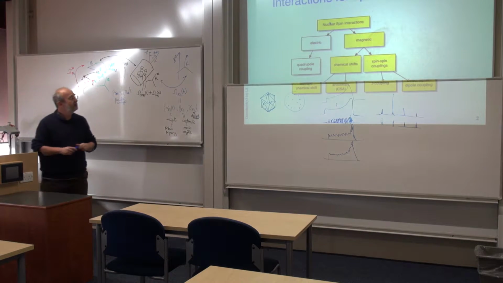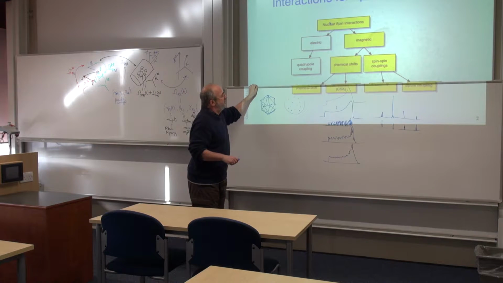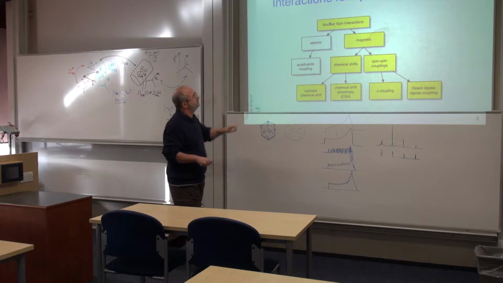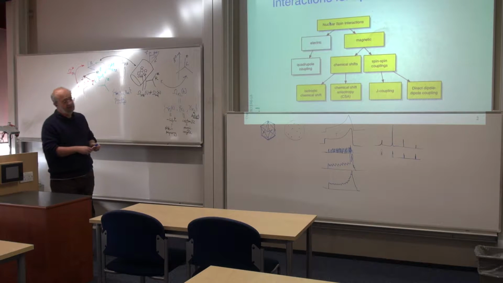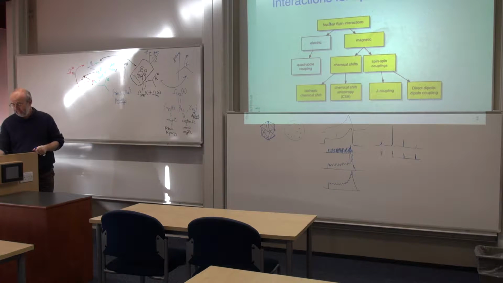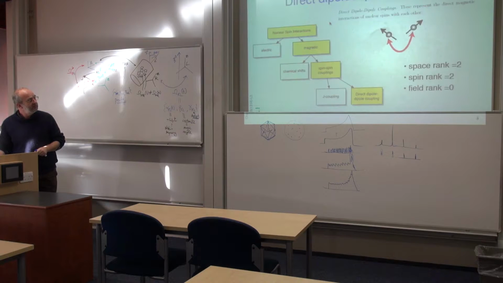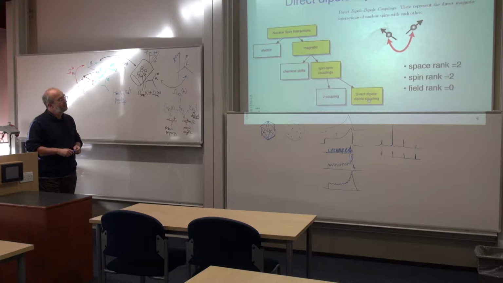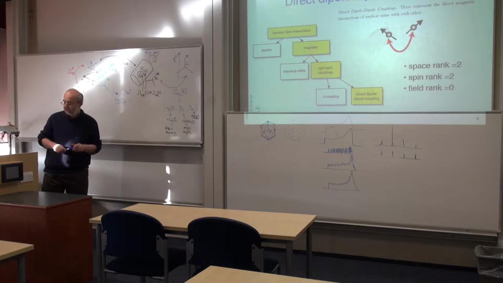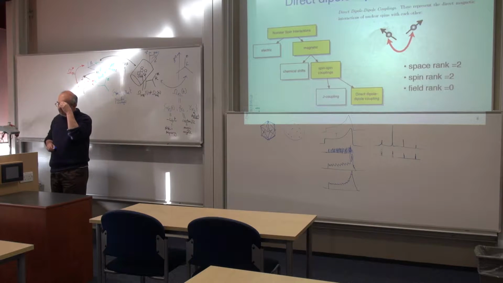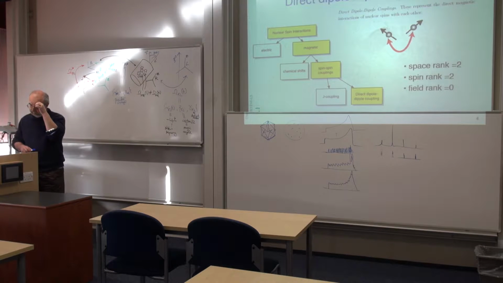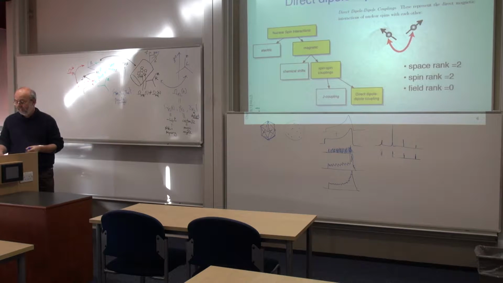We have our spin interactions, the different rotational signatures. And let's look now at one particular interaction, the direct dipole-dipole coupling, which is space rank 2 and spin rank 2. And field we can omit.